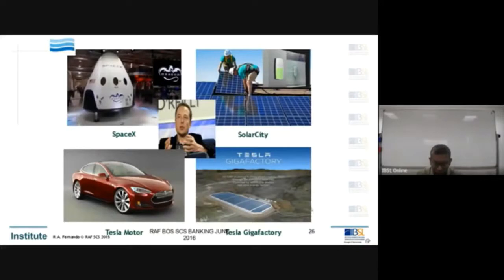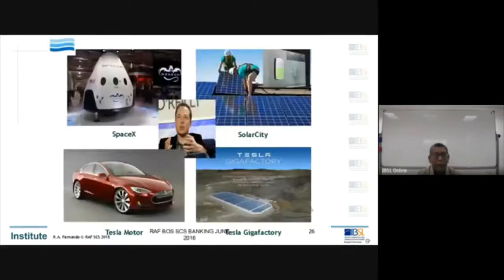At one time he was the richest person in the world, but the Amazon guy took over in the latter part of 2021. But in the early part of this year he was the number one richest person in the world. Now I think again he has gone to number two.